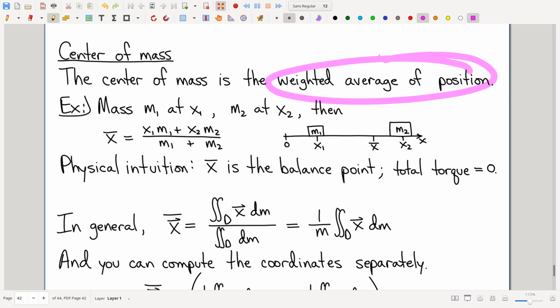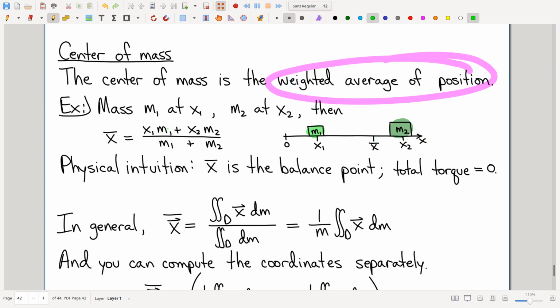Now, just as a starter example, if you have a couple of masses, so you have a small mass there and then a large mass here, what is the center of mass? Well, weighted average. Here's our formula for weighted average. I'm going to use the masses literally as the weights.